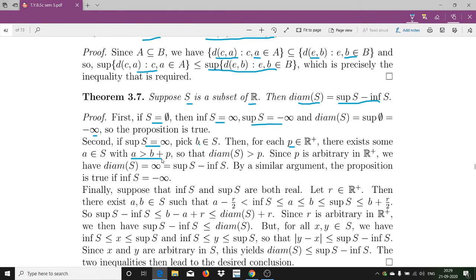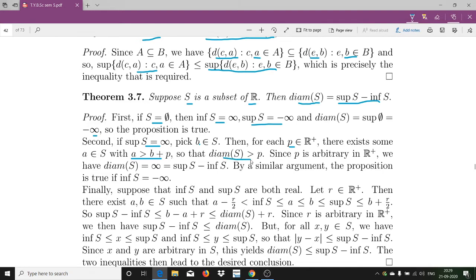Therefore, there exists an element a which will be strictly greater than b plus p. If you shift b, you will have a minus b is greater than p. That means there are two elements, which we are denoting by a and b, such that the distance between those two elements is greater than p, and the diameter of S is the supremum of all such distances. Therefore the diameter of S will be strictly greater than p.